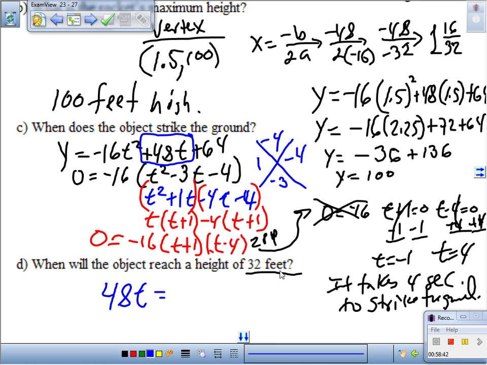So that has to equal what? 32. Let's find out how long it will take to reach that height. Divide by 48. T is equal to, can we simplify that? Yes. 2/3, because if we simplify by 16. So what does that mean?